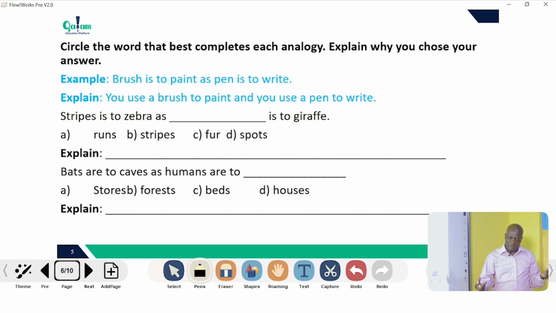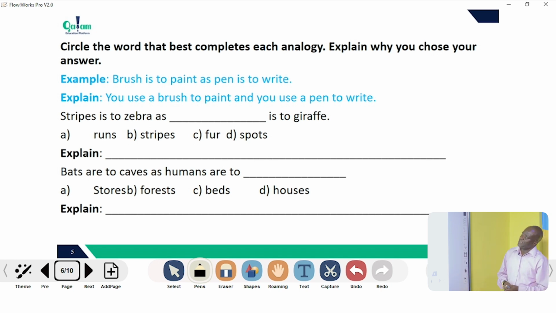The fuel tank of a car is analogized to the stomach of a human being, because you put food in your stomach and a car will put fuel in the fuel tank. The legs of a human being are equated to the wheels of a car.